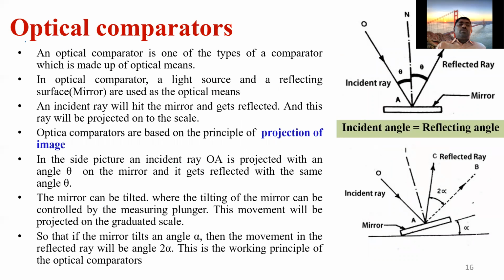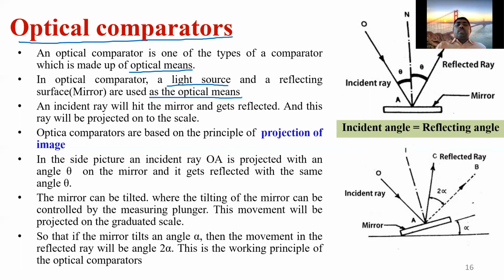Next, coming to the optical comparators. The optical comparator is one type of comparator which is made up of optical means. Optical means uses a mirror and a light source.